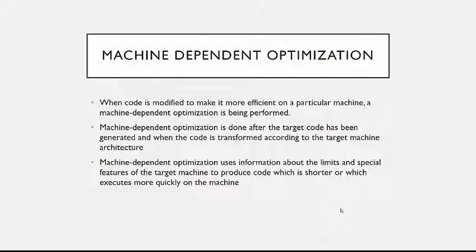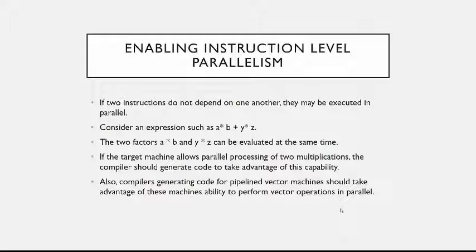It is done after target code is generated and the code is transformed according to the target machine architecture. Machine dependent optimization uses information about the limits and special features of the target machine to produce code which is shorter or which executes more quickly on the machine.